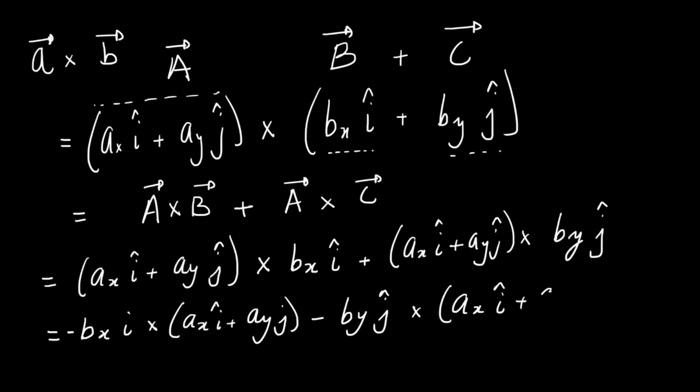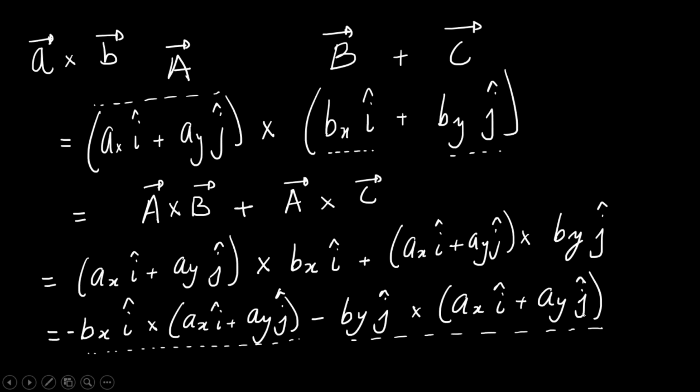Just want to tell you that each step is very easy, and in principle the computation can be done, but at the end of the day perhaps we want to remember the end result as a formula, but we'll worry about that later. Why I'm saying it's easy is because we can use the distributive property all over again here and here, and we'll end up with i cross i, i cross j, j cross i, j cross j, which are easy.